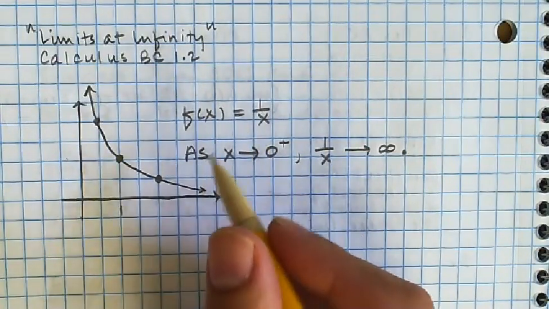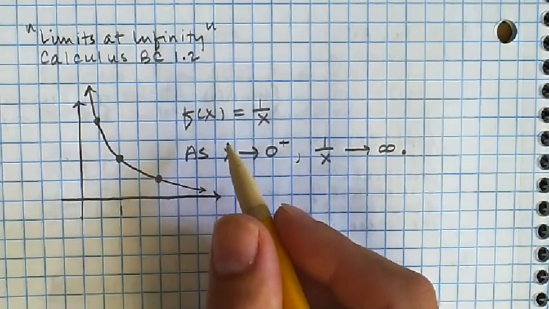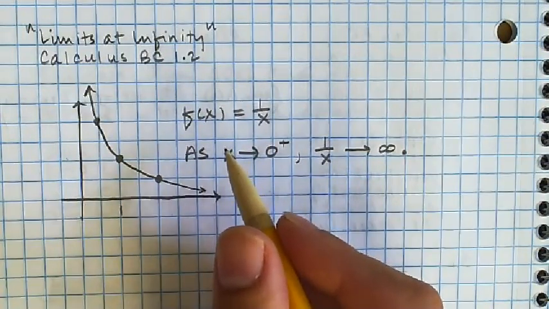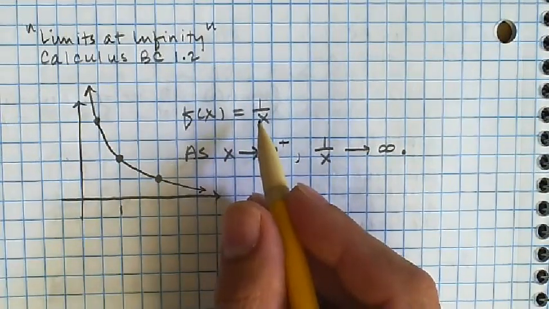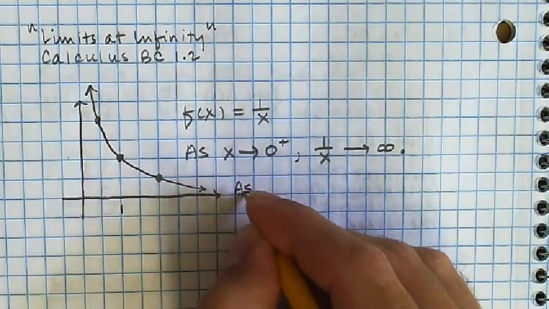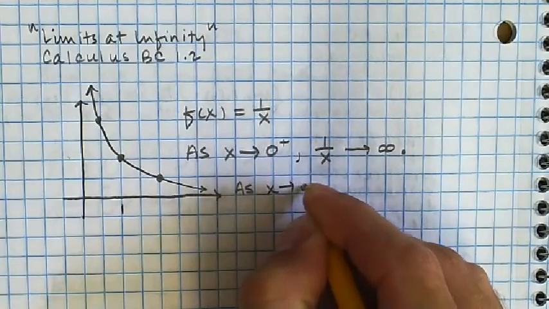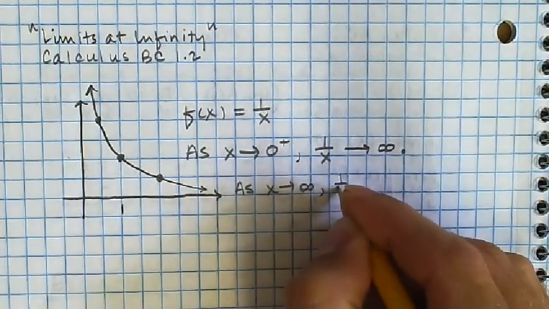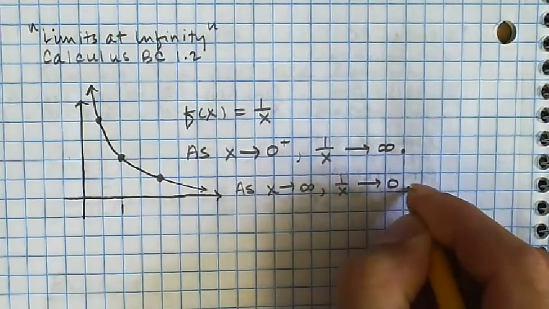And if I try to divide one pizza among everybody in Lakeway, everybody gets pretty much nothing. The more people I add, the less pizza we all get. So as x approaches infinity, 1 over x is going towards 0.